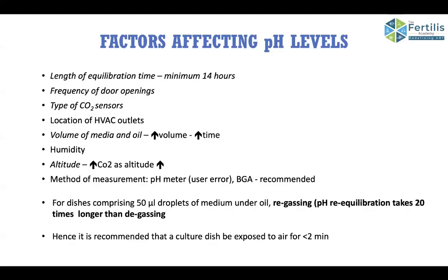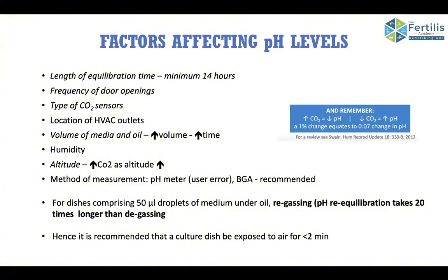But if you're working in big drops or wells, the pH stabilization is slower, and you should not expose the dish for more than 2 minutes, it is said, because once pH changes, it takes around 30-40 minutes to recover. So you should not keep the dish outside. Even if you're keeping the dish outside, keep it covered with oil as well as the lid when examining the embryos under a microscope.